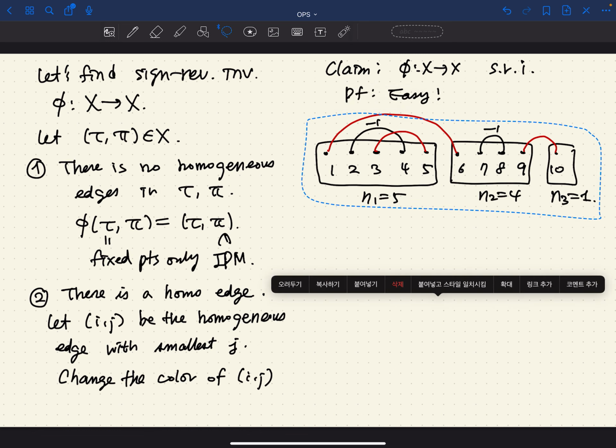So A1 first. A1 is a set of permutations pi.